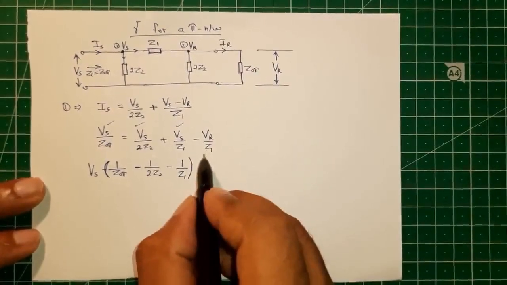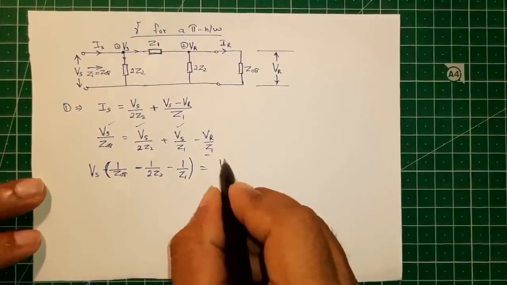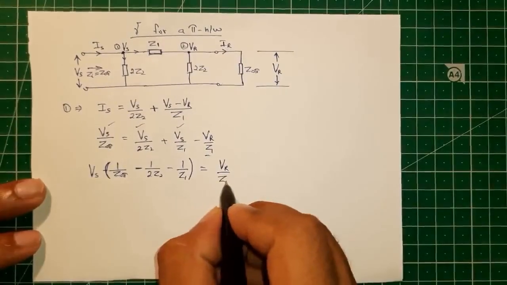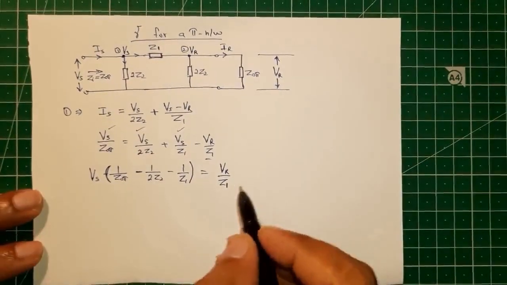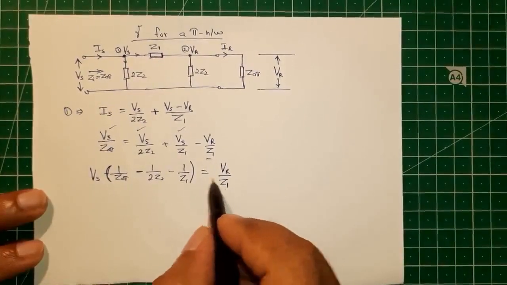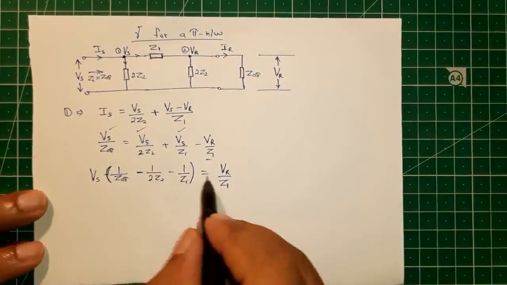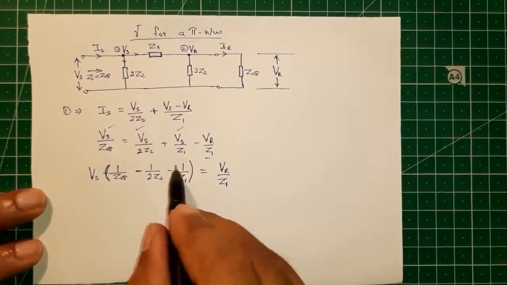And on the right hand side we have this term alone, that is Vr by Z1. Now we'll bring this Z1 to this numerator. We'll cross multiply like this.